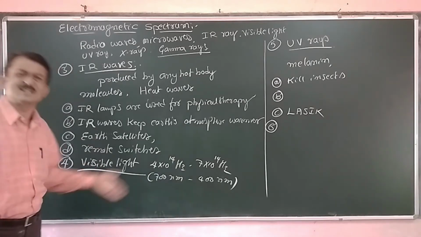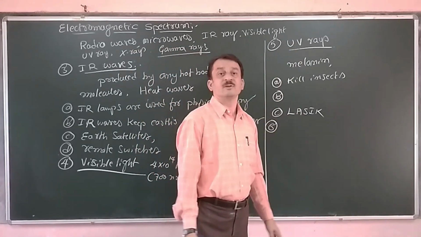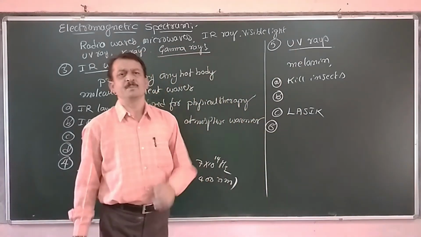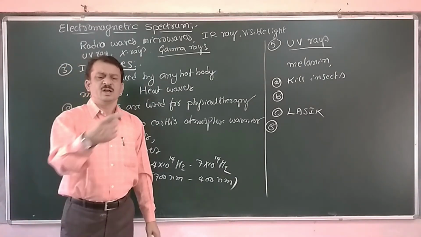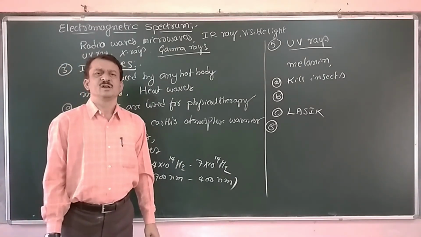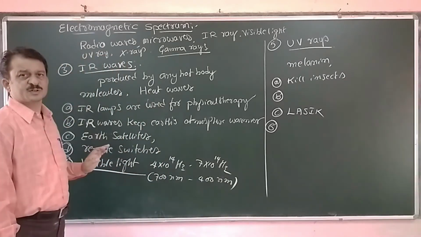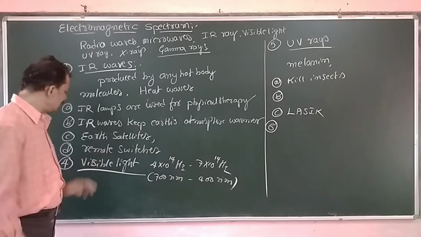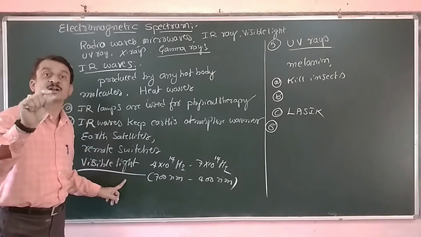If you further increase the temperature of the same hot body, then you are getting ultraviolet rays. For example, if you take an iron nail, heat it at lower temperatures, it gives out IR waves. If you further heat it, we will get visible light. That iron becomes red.